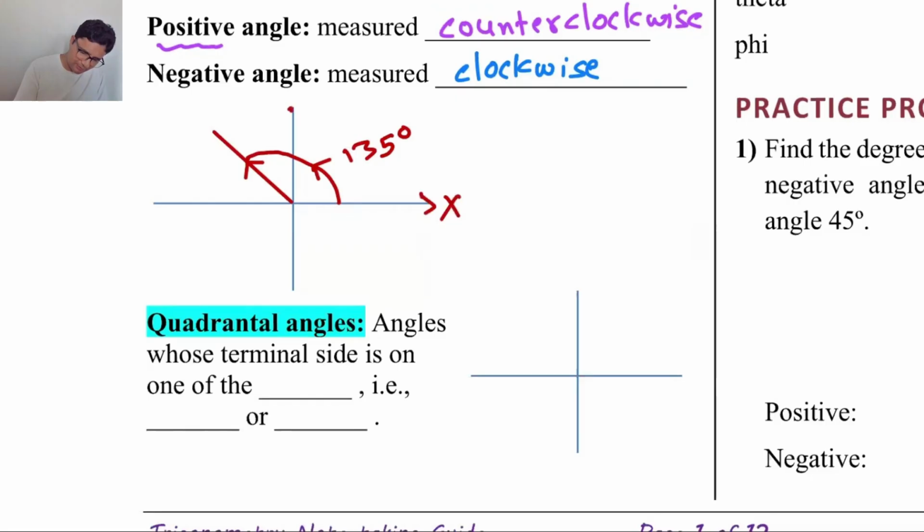The x-axis is here, y-axis here, or you could go round like that clockwise and call it negative 225-degree. Okay, positive, negative. That's clear.